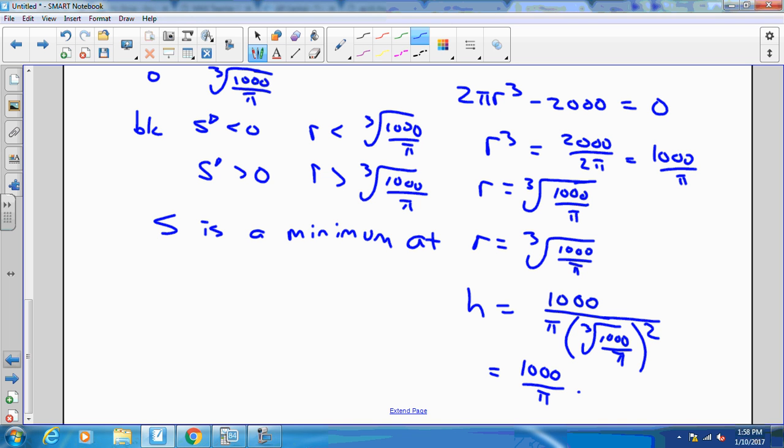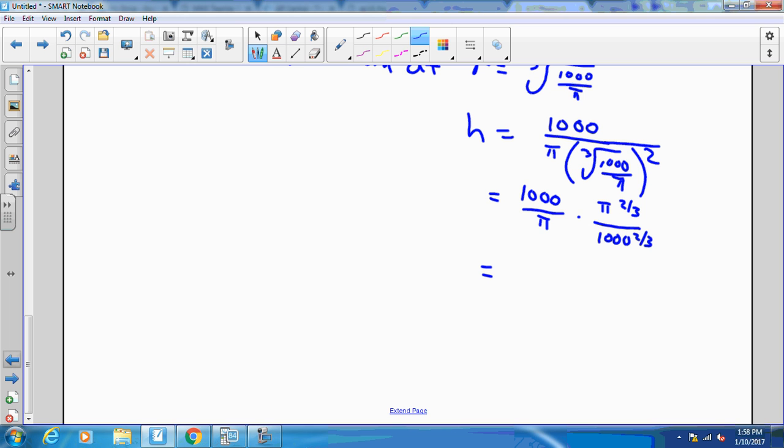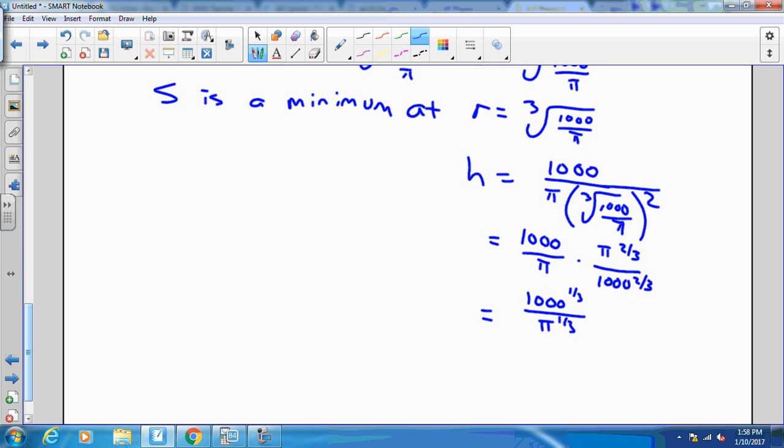I would rewrite the division as multiplying by the reciprocal, and I would rewrite the exponents in terms of fractional exponents. Everybody see what I'm doing there? And then I would subtract the exponents so that I get the cube root of 1,000 over the cube root of pi, which, interestingly, turns out to be exactly the same dimension as r.